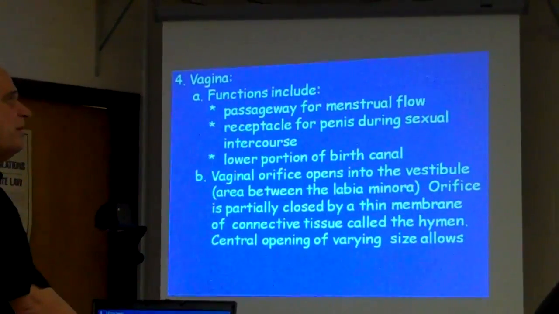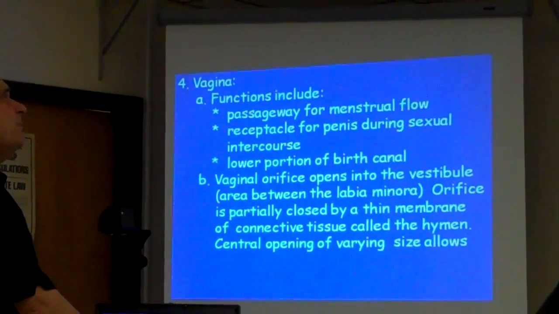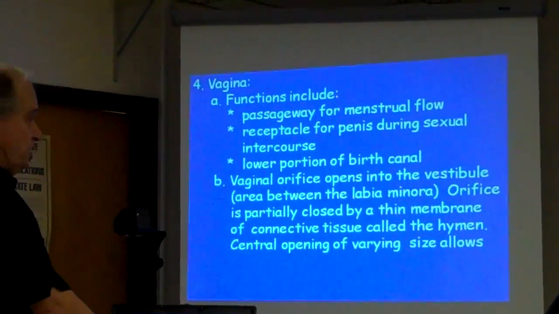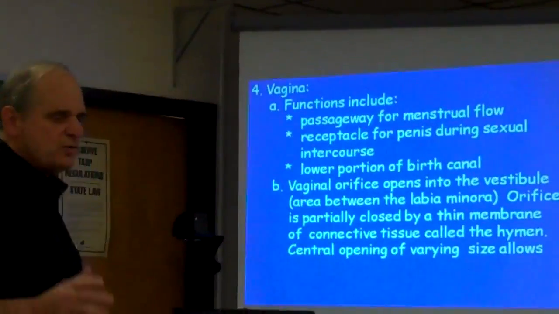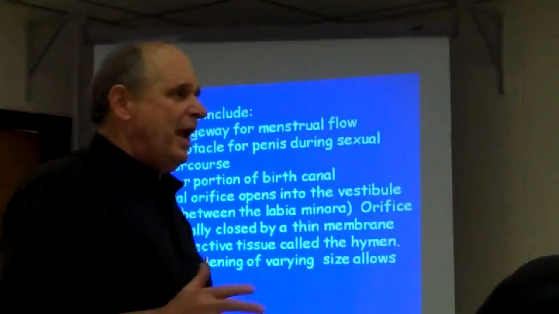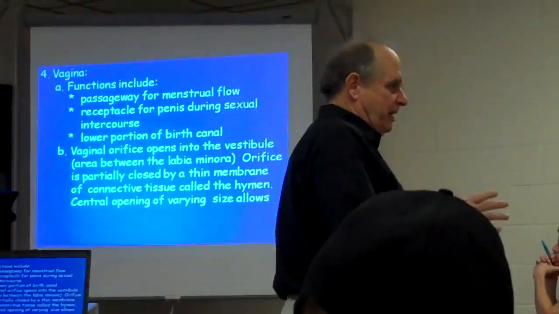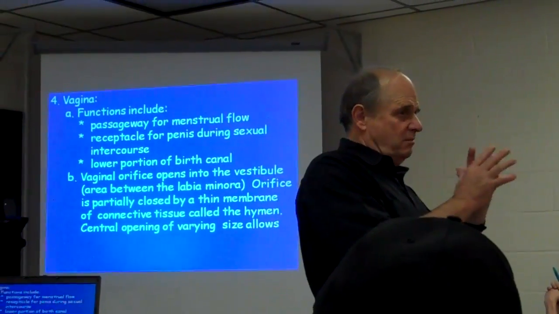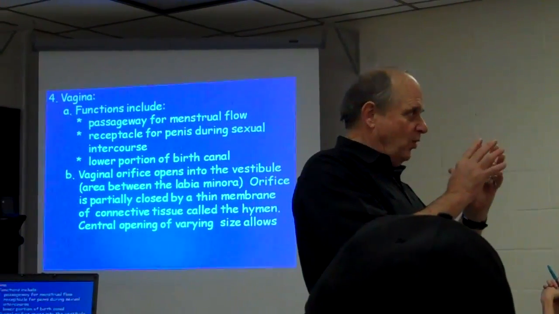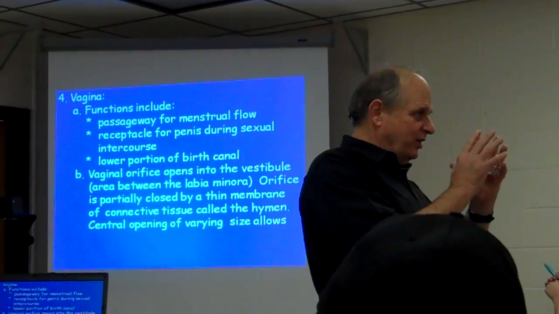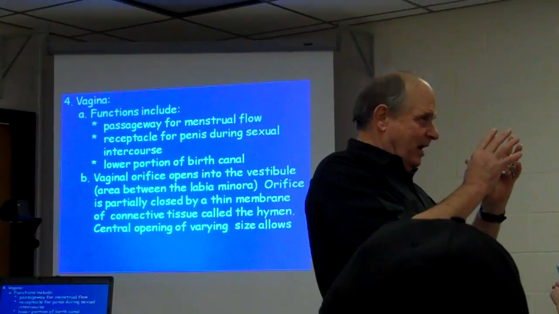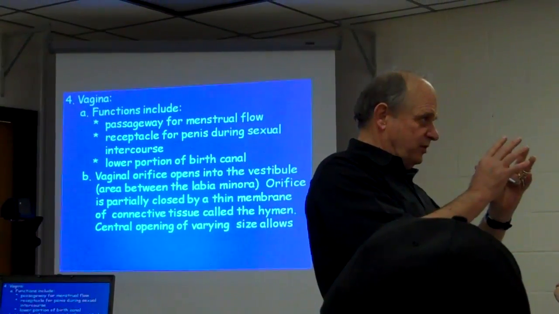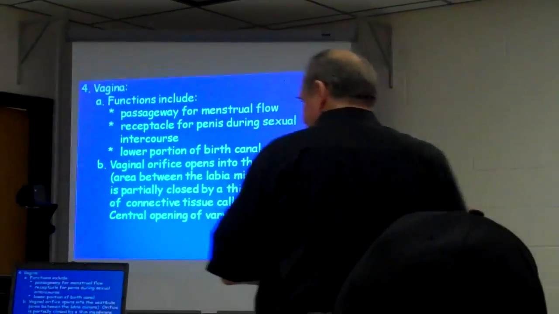Now, one thing I want you to make sure you understand is that there are some homologies. If you look in your textbook at the early development of the male and the female, you can't tell the difference between them at one point. Are y'all aware of that? You have to look in your book at the development. Now, what is going to determine the difference? Here's what's going to determine the difference.